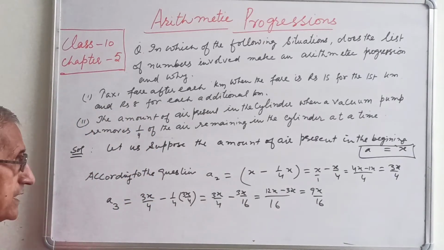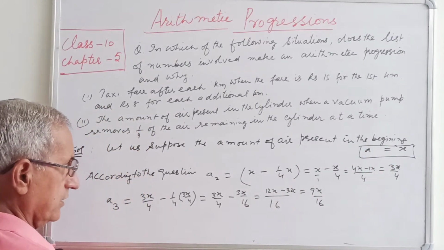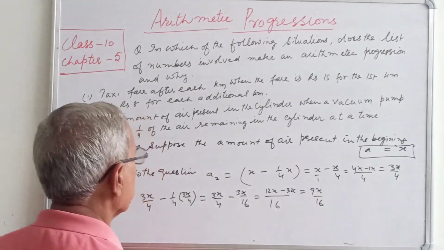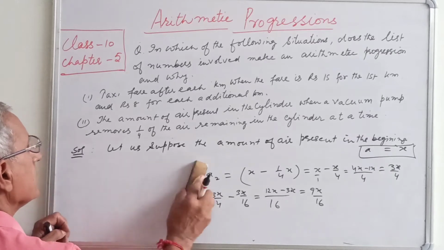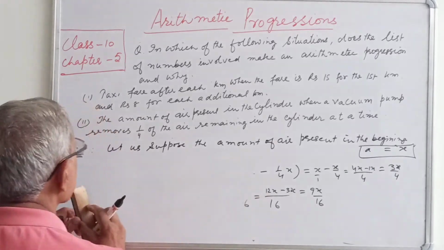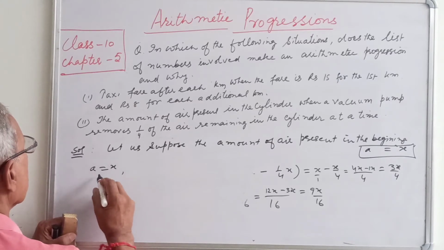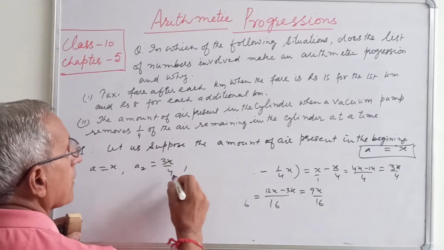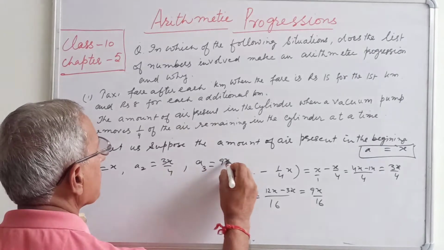So the first term is X, the second term is 3X upon 4, and the next term is 9X upon 16. So I am writing the three terms now. A1 or A is X, A2 is 3X upon 4, and A3 is 9X upon 16.